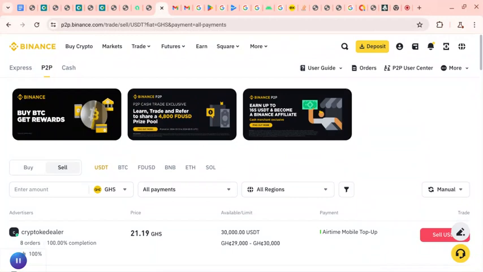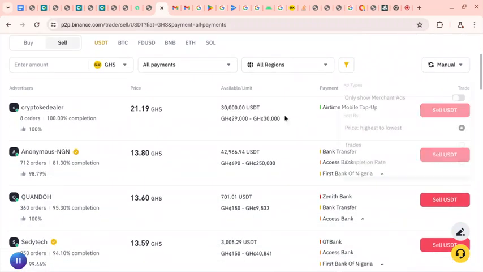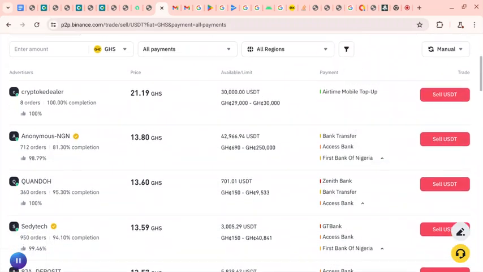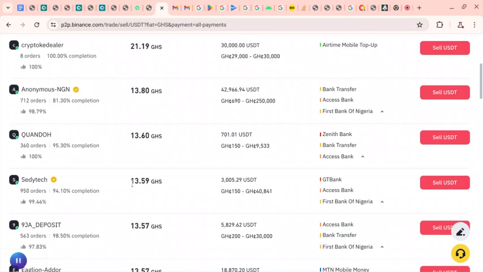You see, so the reason why I always say don't wait for 13 to 14 before you do it, is that at 13.59, if it rises to 14, you are still in the profit section. Or if it rises to, let's say, 13.9 or 13.8, you are still in the profit section.